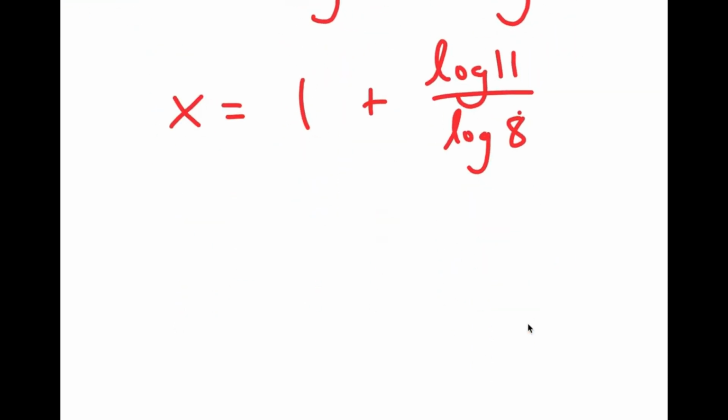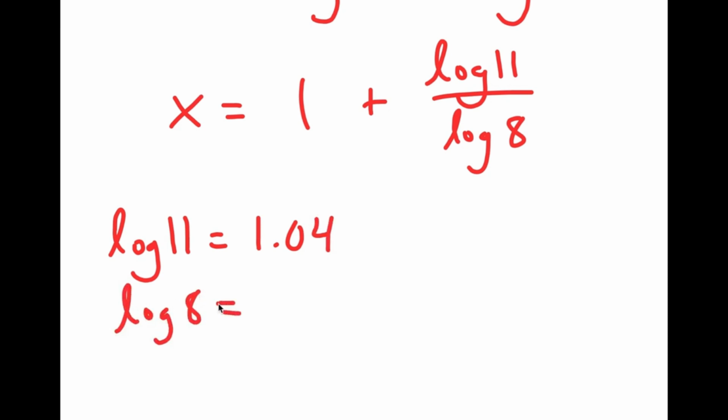So now all that's left is to plug in the actual values of log 11 and log 8 and solve. So log 11 is equal to approximately 1.04, and log 8 is equal to approximately 0.90.